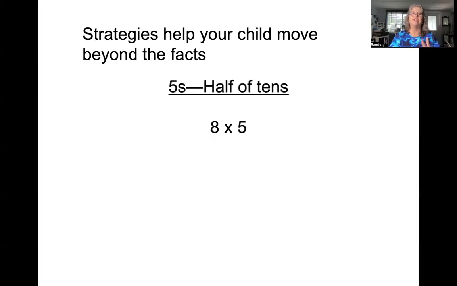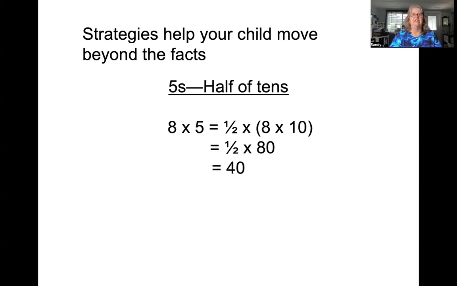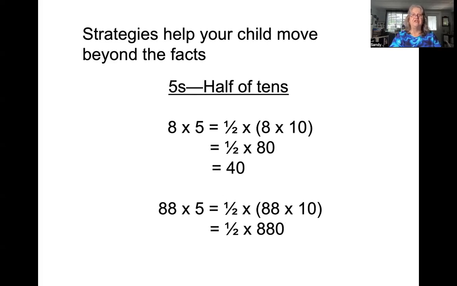So again, we want to know both. Same is true with halving, right? My 8 times 5 is half of 80. Great. What's 88 times 5? Well, it will be half of 880, 440.